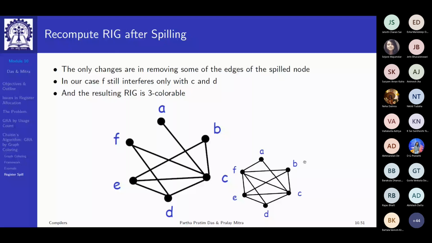Now, naturally, a heuristic will tell you that it makes sense to spill that particular node which has more neighbors, so that you will have maximum reduction in the interference of liveness that could be. So we say: spill temporaries with most conflicts.